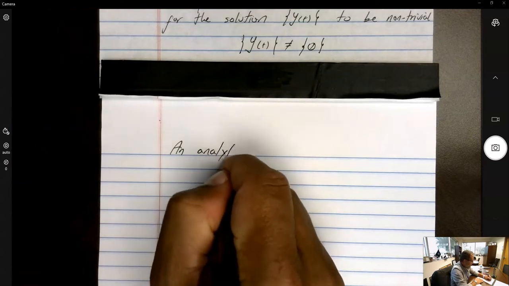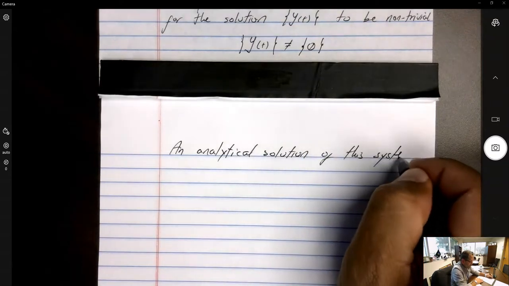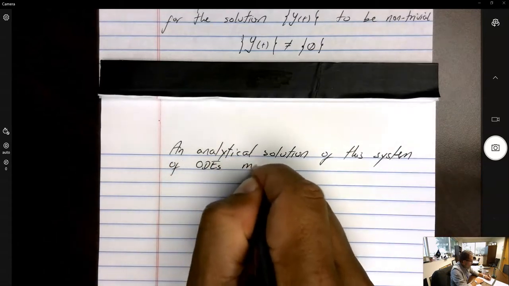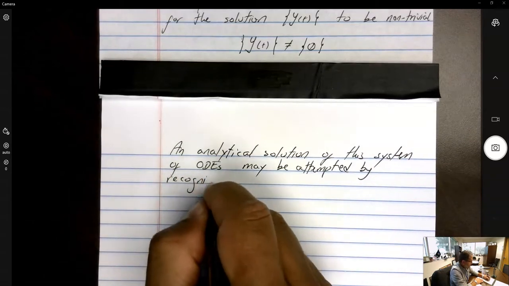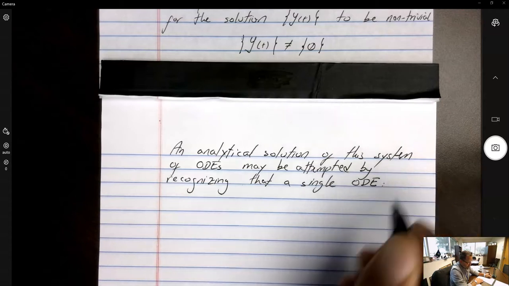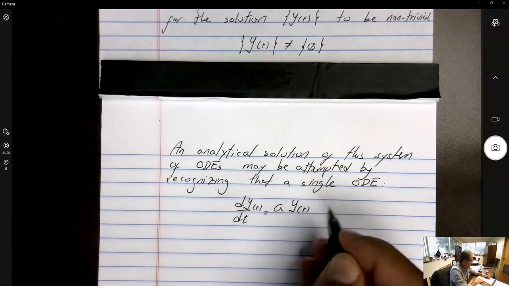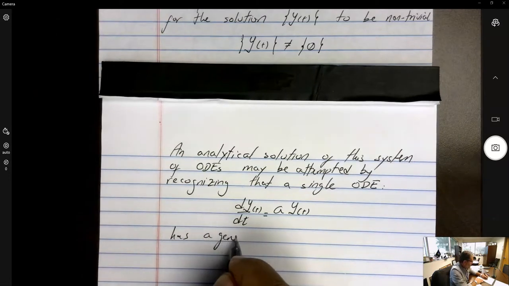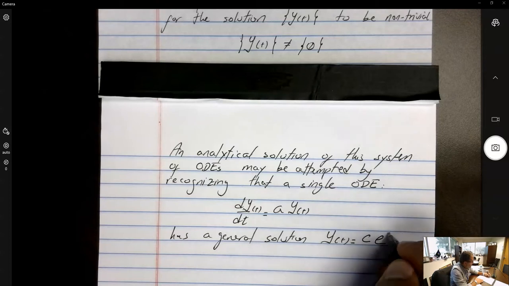All right, so an analytical solution of this system of ODEs may be attempted by recognizing that a single ODE, again, if we have a single ODE like this one, dy/dt is equal to some coefficient a times y of t, has a general solution y of t equals a constant of integration times e to the at.